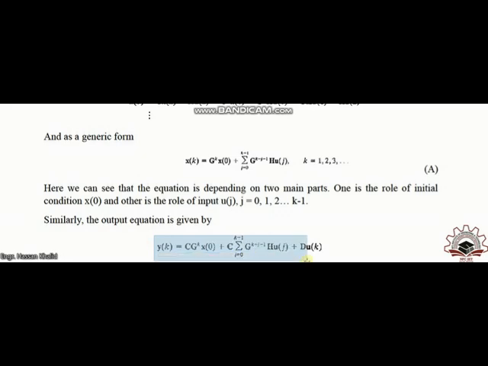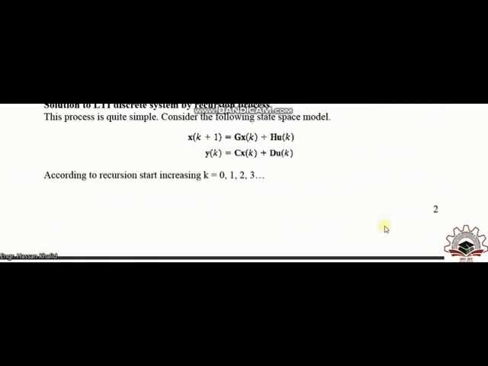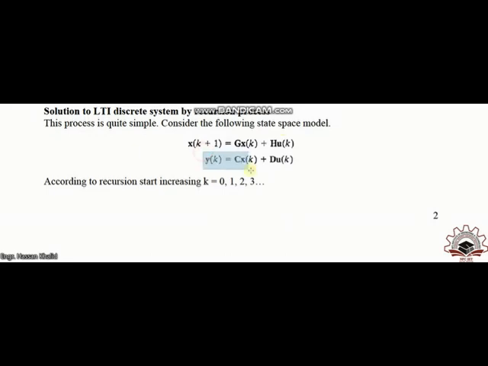So finally we have a generalized form of the output with the help of our recursion table. If you place the values of k in this equation, you will be able to form the same recursion table as that for the x state. It is to be noted that the generic form of x(k) that you obtained in equation A has to be substituted in the main output equation.